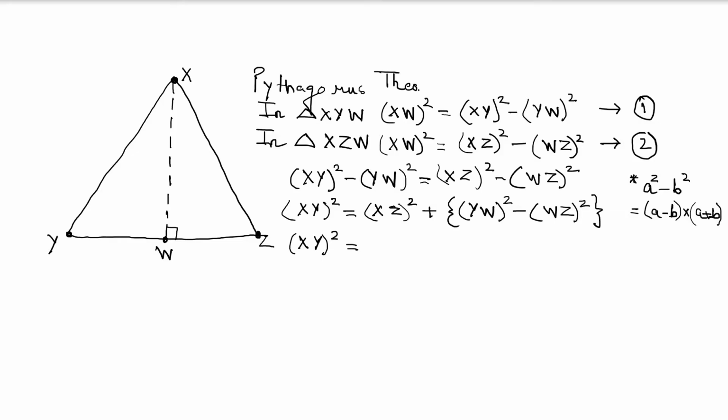Using this concept and applying it in this equation, which we can term as the third equation, which we are getting as a byproduct of combining the first and the second equation, we get YW minus WZ into YW plus WZ. Now this conclusion or inference is going to be very important, and this can be used as a lemma to deduce many other things as well.